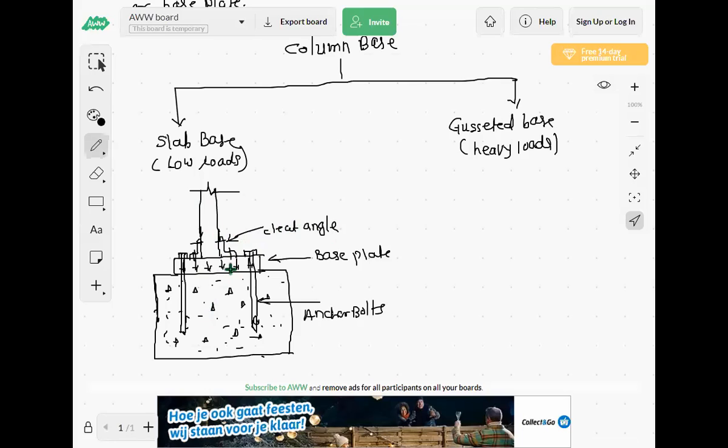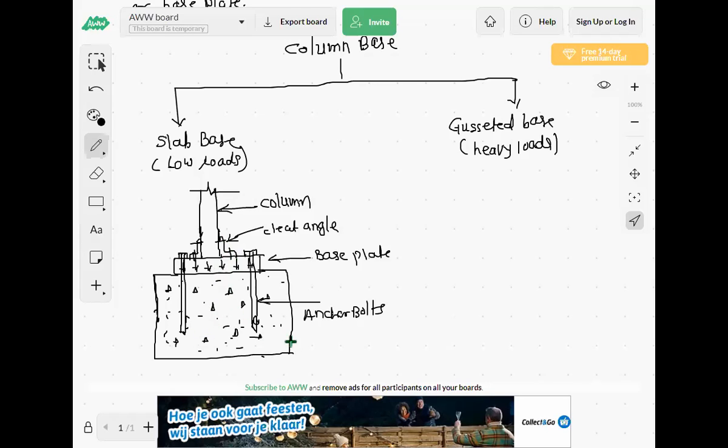This column is connected to this base plate. This vertical is the column. So this column is resting on this base plate, and the column is connected to the base plate by using this cleat angle. These angles are connected on both sides of the column, and the cleat angle is connected to the column by bolt or rivet.